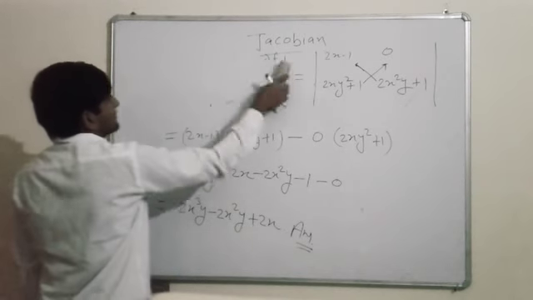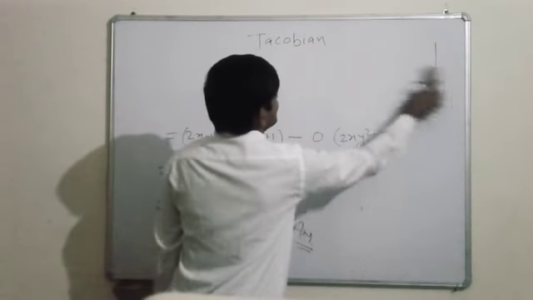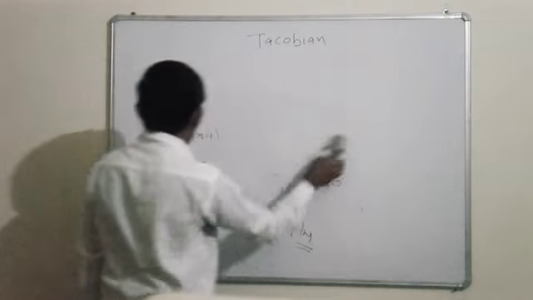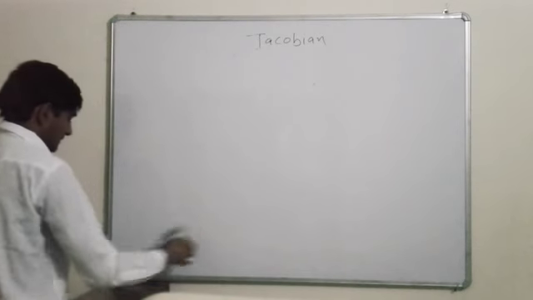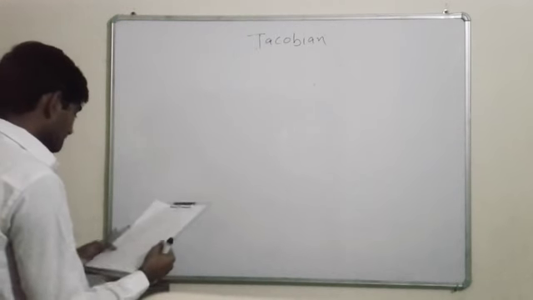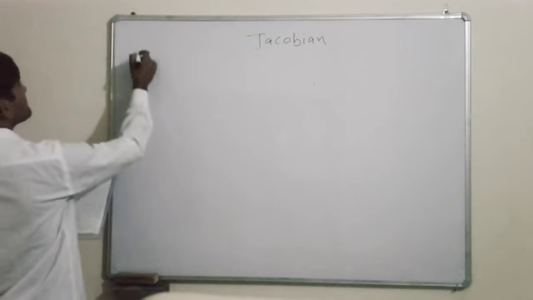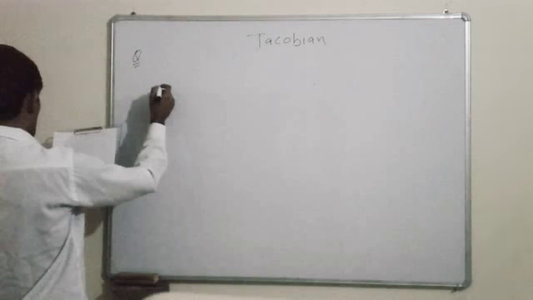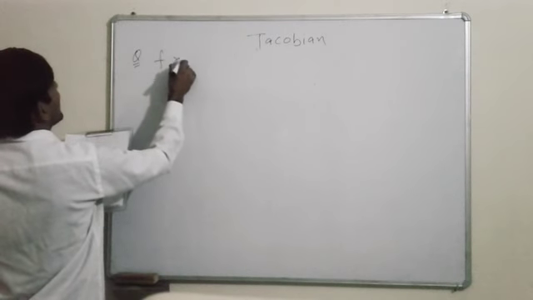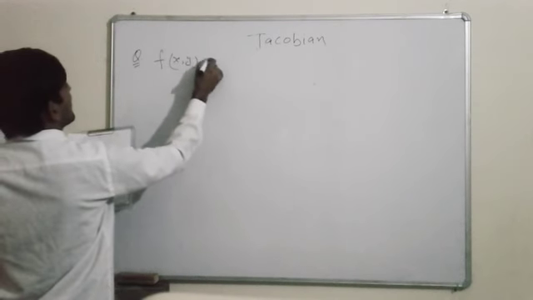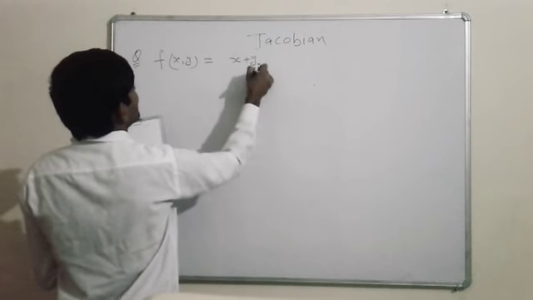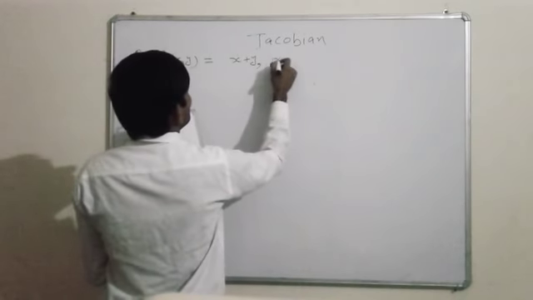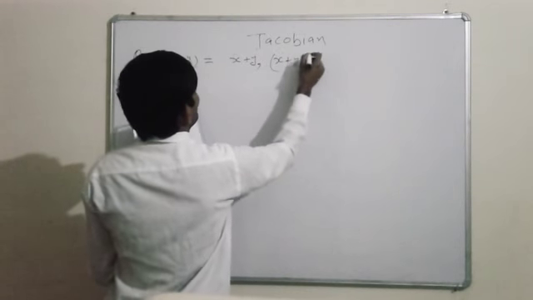Now let's take another example. The question is, f of x y is equal to x plus y, comma x plus y whole square.